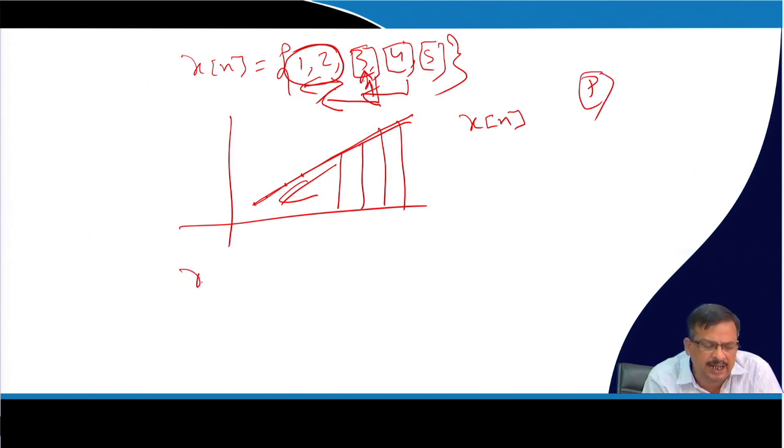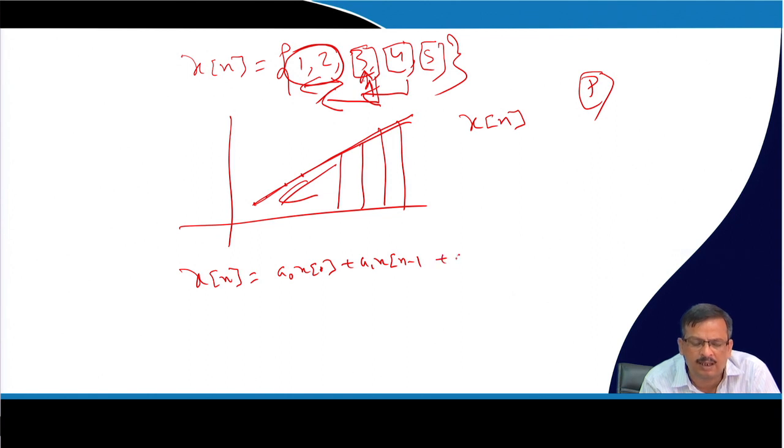I can say x of n is a linear combination of the previous p number of samples, maybe a0 into x0 plus a1 into x of n minus 1 plus a2 into x of n minus 2, like that.